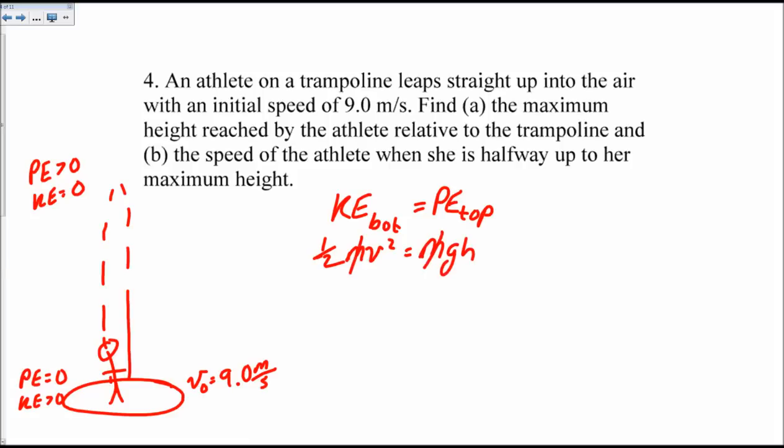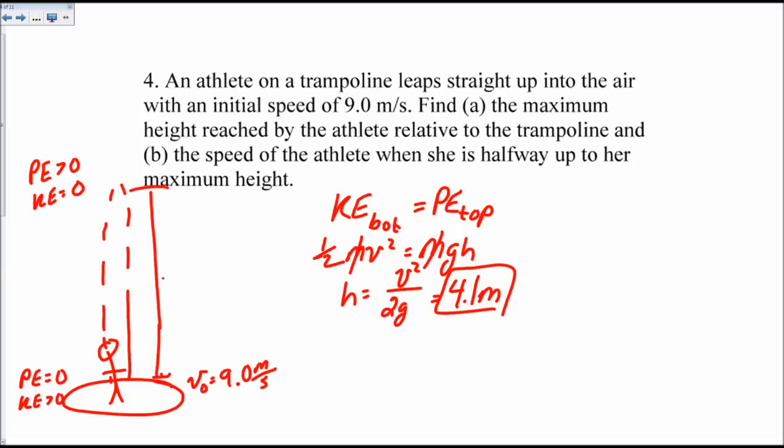My masses cancel, and what am I looking for? I'm looking for h. All right, h is v squared over 2g, with the same numbers we had last time. So this young lady goes up to 4.1 meters. 4.1 meters is my height.